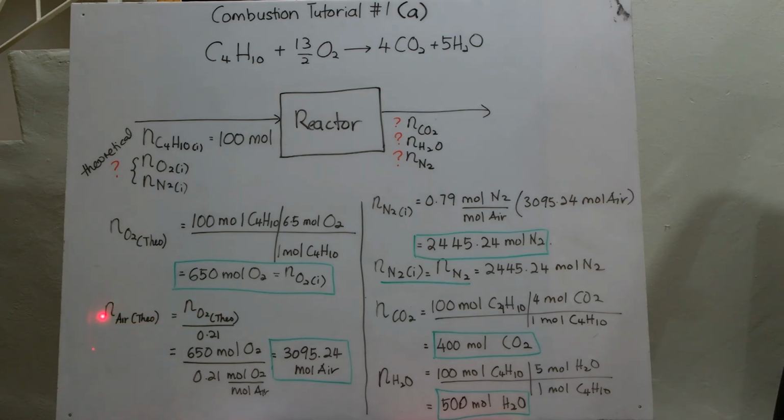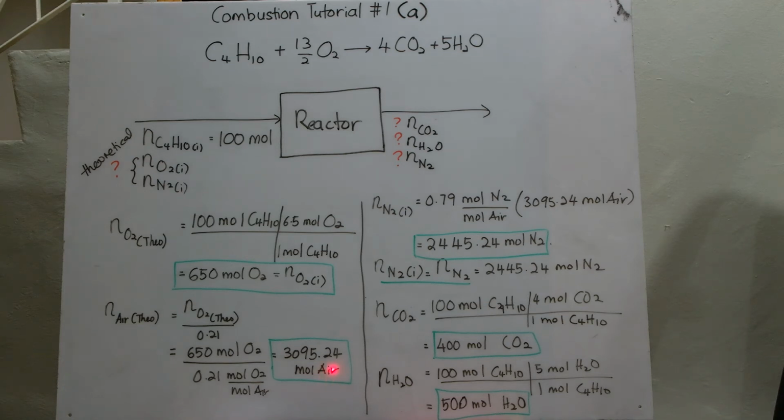So we want to find n air theoretical, which is equal to nO2 theoretical, which we obtained just now, divided by 0.21, because the percent of O2 in air is only 21%. So we already have this 650 mole of O2 theoretically. Divide by this, and we get the total mole of theoretical air going into the process, which is 3095.24 mole of air.